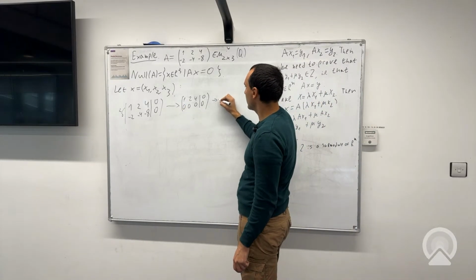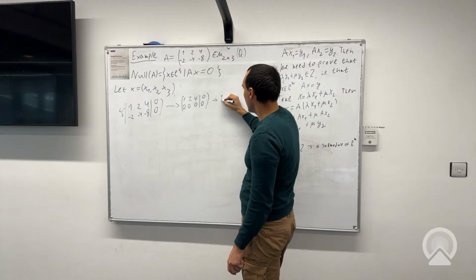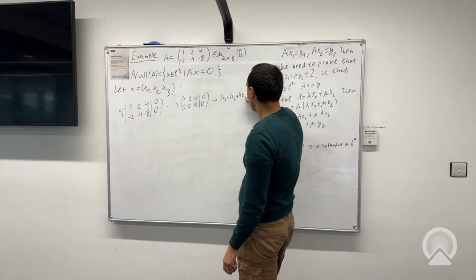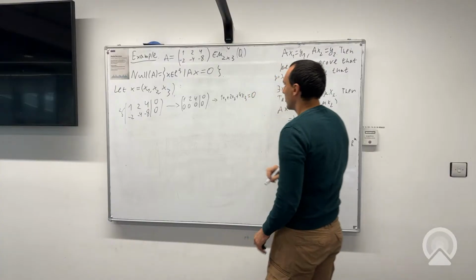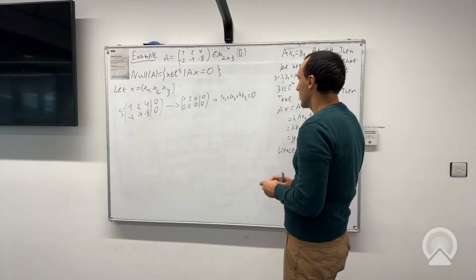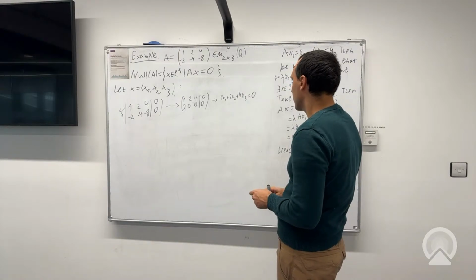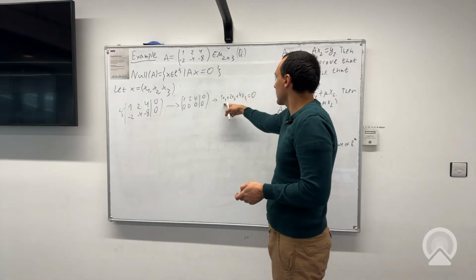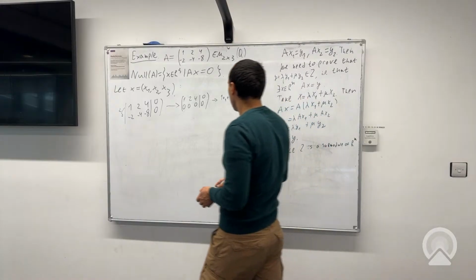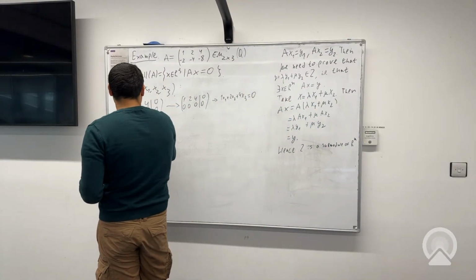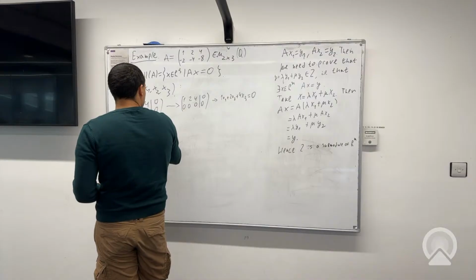So we get that 1x1 plus 2x2 plus 4x3 equals 0. And let me, for instance, represent x1. So x1 equals minus 2x2 minus 4x3.